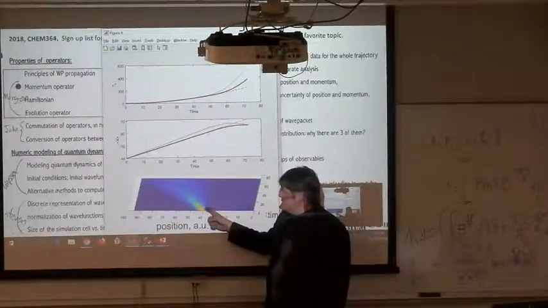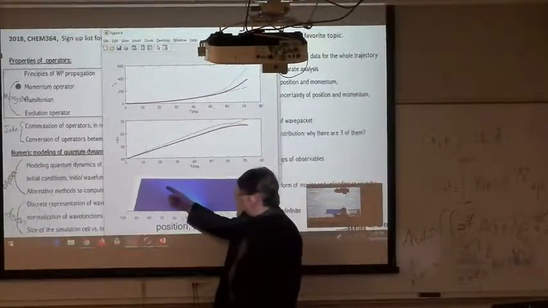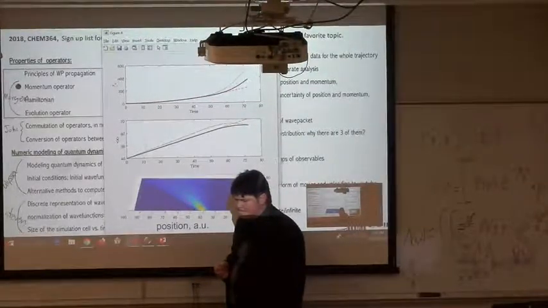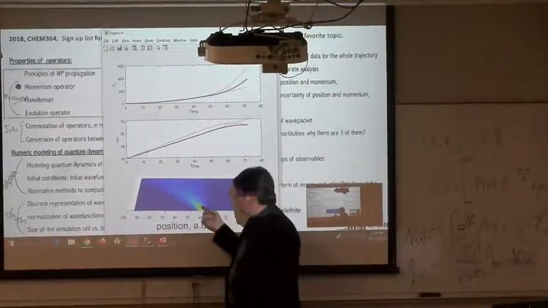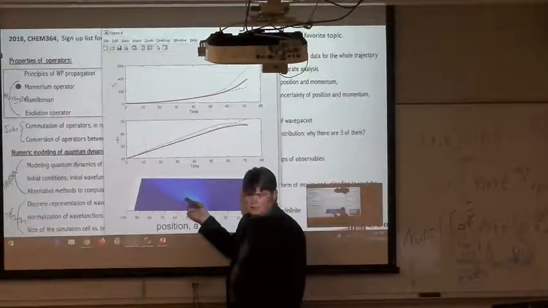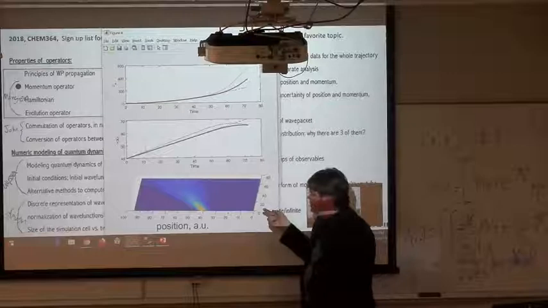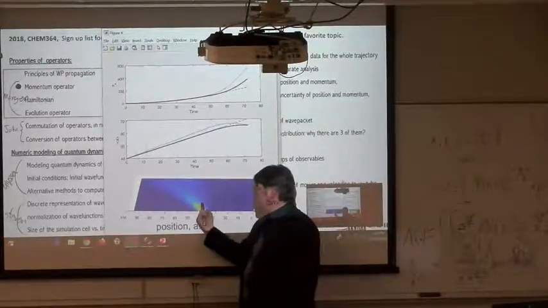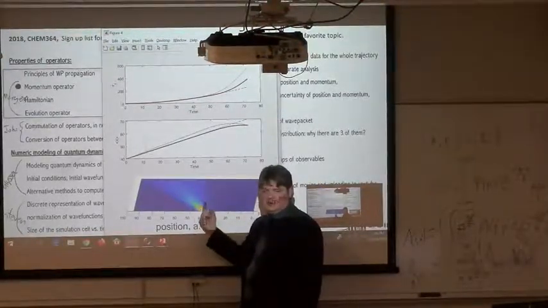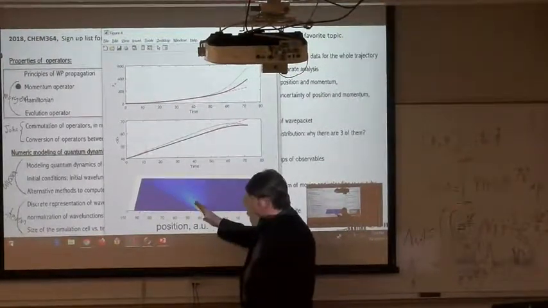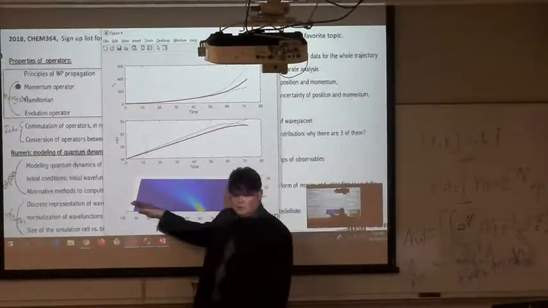So the center of this distribution will correspond to the average position where our electron will be. And depending on the initial momentum, if momentum is 0, it will just go straight up, it will not change. If the momentum is high, it will go with larger slope, right?